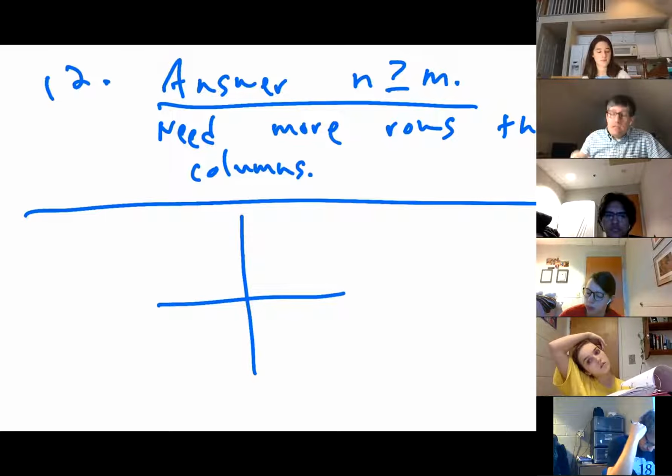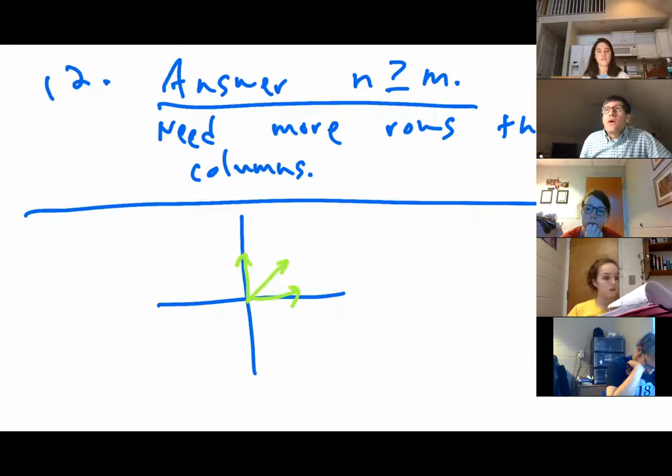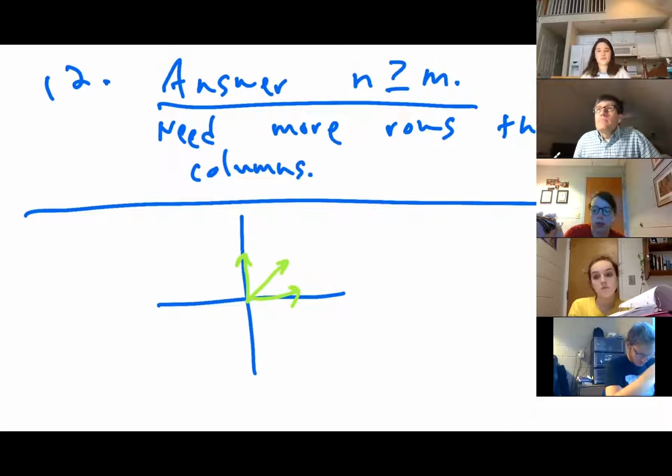What I'm thinking of is this: let's say I'm in R2 and I have 3 different vectors. My Roomba can go in those 3 different directions. Well, it can get everywhere. The first 2 directions are enough. If it can go left, right, and up, down, of course it can get everywhere.